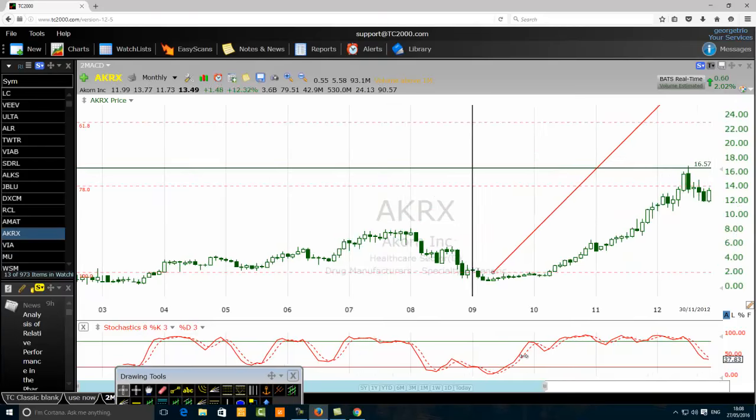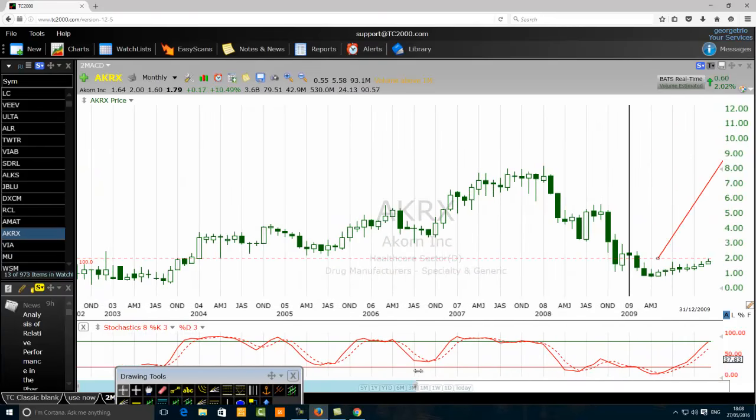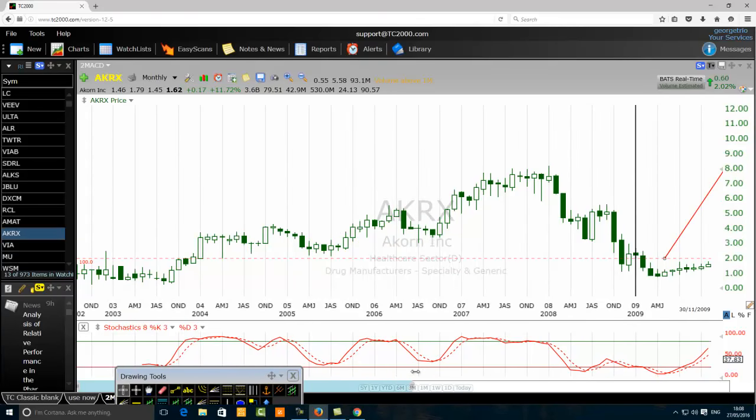Remember what I said to you before, there is nothing new under the sun. Okay, the sun, S-U-N. So here it is. You can see that from 2003, the same stock was trending up to the beginning of 2008.